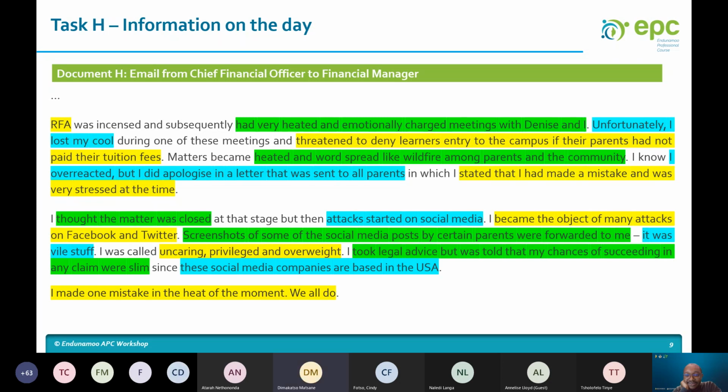My only concern was that when he said he threatened to deny learners entry at the campus, I thought of the SASA Act and also the right to education for the country. But at the same time, I asked myself whether that was applicable to private schools or only applicable to public schools, because even in the former Model C schools, it still says you can't deny access to education to a child just because the parent is failing to pay school fees.